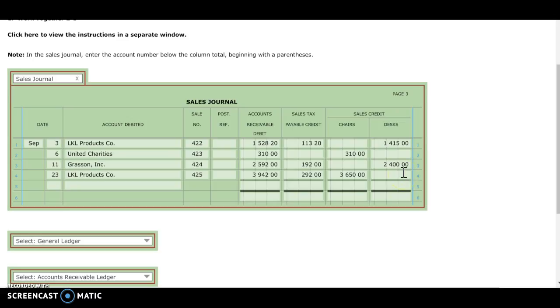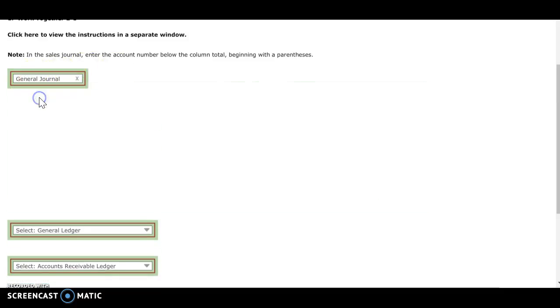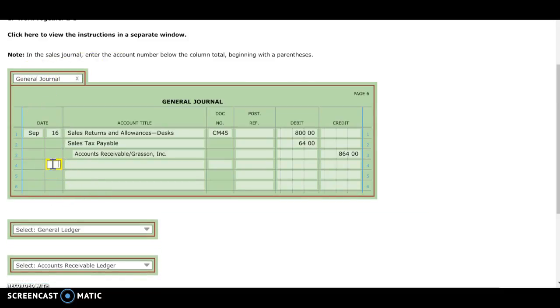And the last one, it says on September 27th, credit memorandum 46. So here I'm going to go to my general journal. I have another allowance, and on this one, we're giving that allowance for a chair.